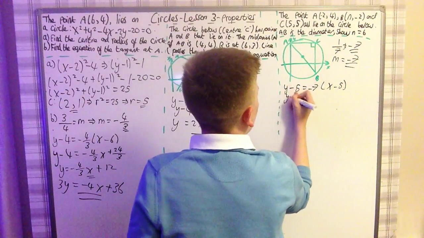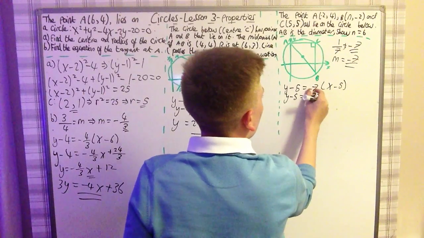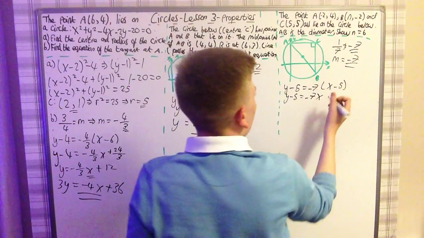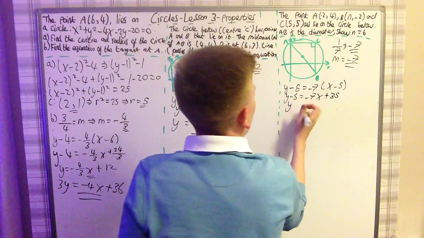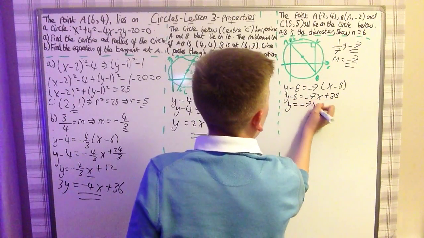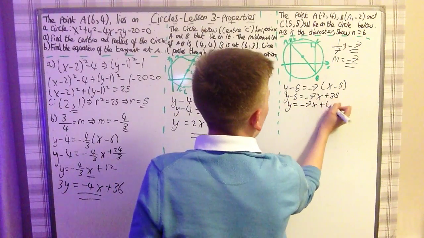So we get y minus 5 equals minus 7 times x is minus 7x, minus 7 times minus 5 is positive 35. So moving the minus 5 across, we get y equals minus 7x, 35 plus 5 is plus 40.